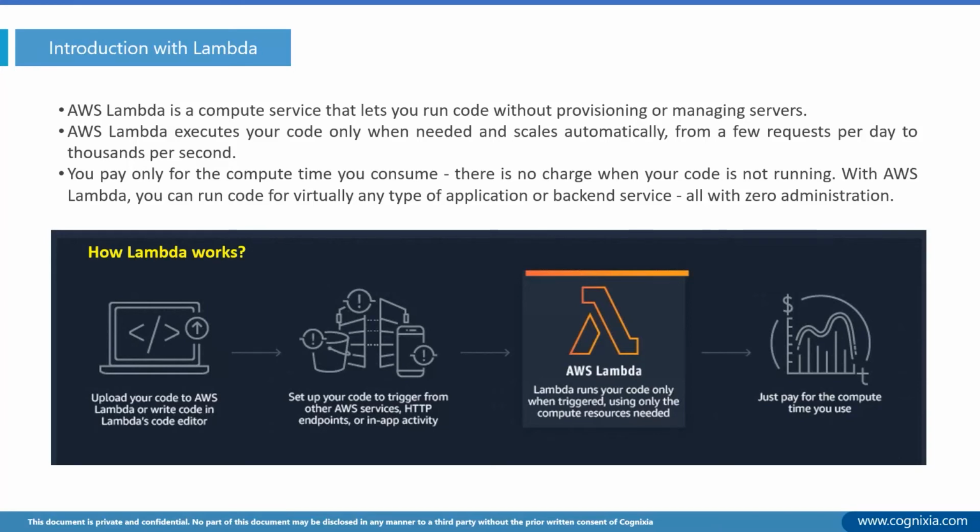But AWS Lambda is a compute service that lets you run code without provisioning or managing servers. It means if you're using Lambda, you do not require any virtual machine in AWS. You can pass that code, Lambda will execute it, and it will provide results. This is the excellent thing, right?